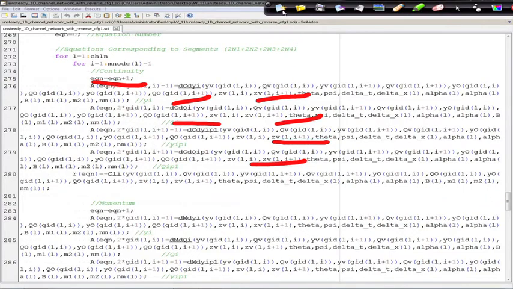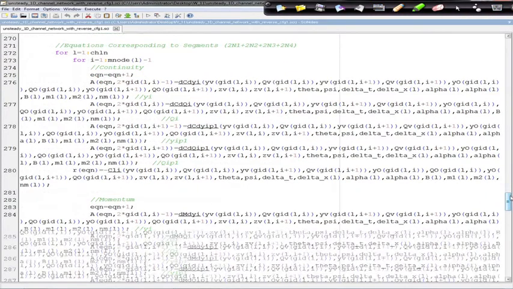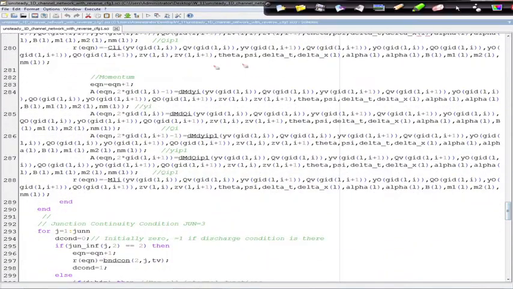This is for momentum. For momentum, we have this dM by dy, which is for y_i, Q_i, y_i plus 1, Q_i plus 1, this is minus MLI.